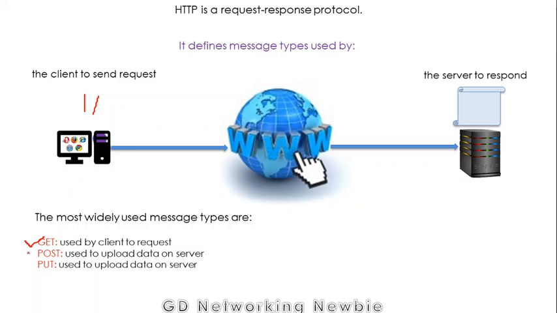The second message is used to upload data on a server. The second message is POST, and it is used by the client to upload some data on the server machine. And the third is PUT. The PUT message is also used to upload data on the server. So these are some of the messages defined by the HTTP protocol.